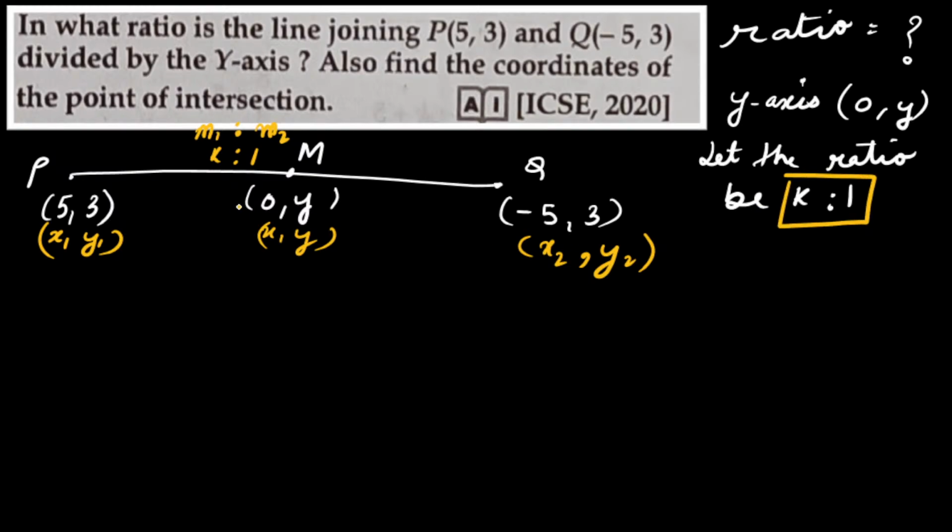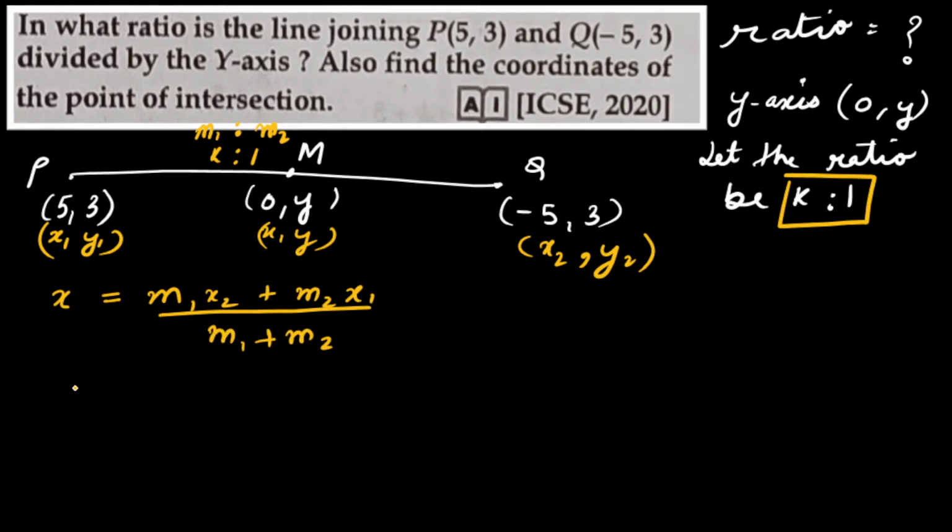After assuming the ratio, we see which coordinate of the point is given to us, and we use that coordinate to find the ratio. Here the x coordinate is given, as the value of x is 0. So we'll use the section formula for x: m1 x2 plus m2 x1 by m1 plus m2.